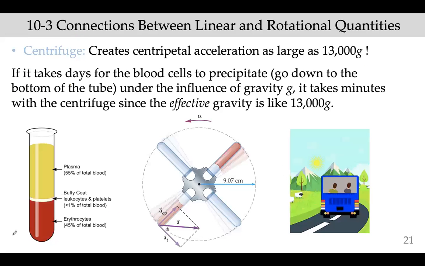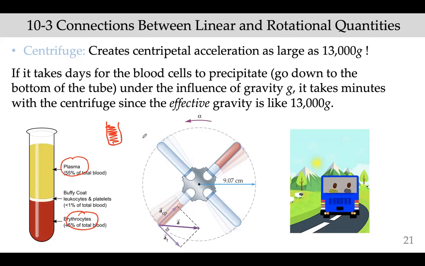So one application of this is the centrifuge. When you give blood in a medical center, what they want is to separate the plasma in your blood and the erythrocytes so that they can do the tests and analysis. But when they take blood, initially it's homogeneous, right? These are not separated.